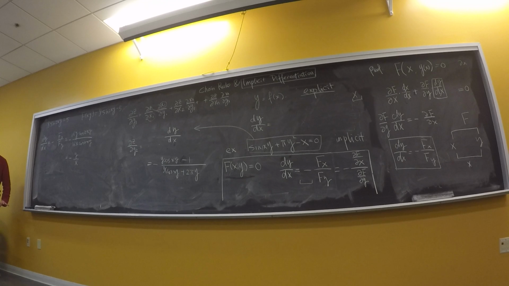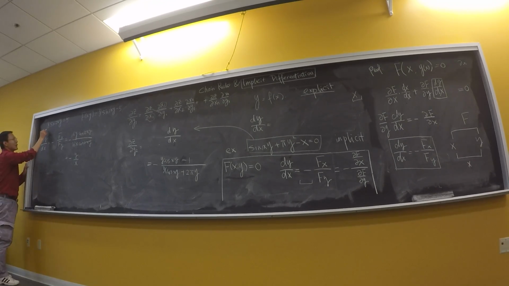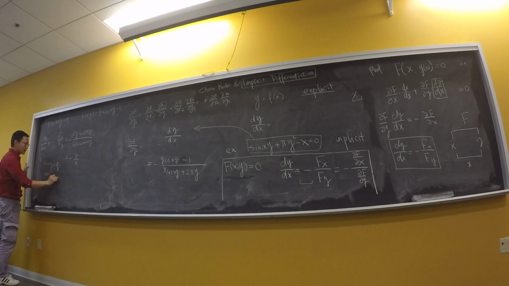For this function, you can solve for y and take the derivative. So if I want to solve for y, sine of 2xy is equal to 5 divided by 8, and 2xy is equal to arc sine of 5 divided by 8.